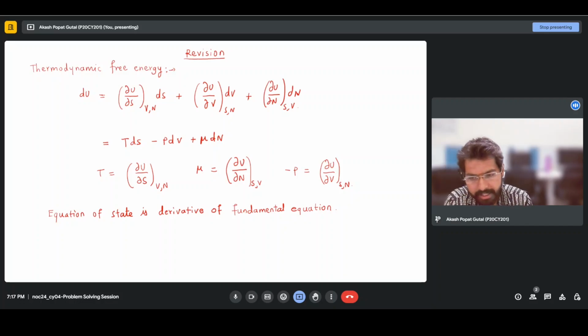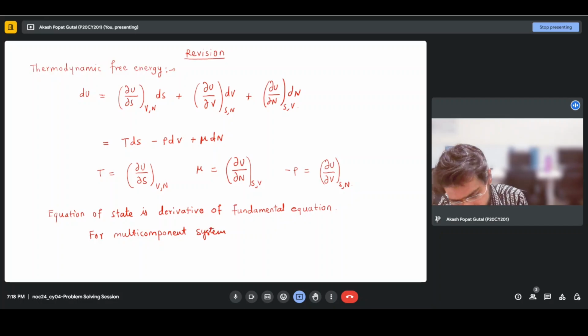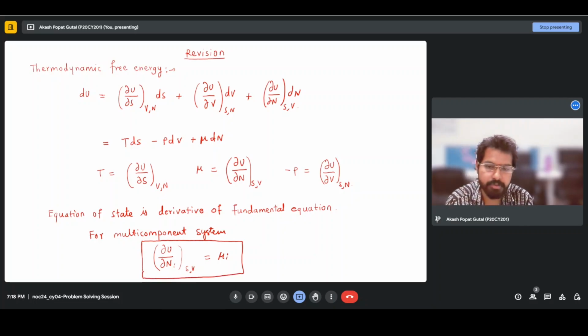And for a multi-component system, we defined the change in internal energy with the change in number of the ith component at constant entropy and volume as nothing but mu i. So this way we have defined the chemical potential of species i.